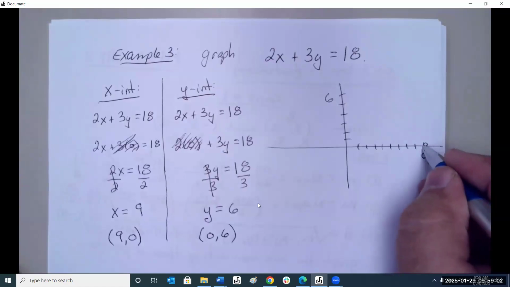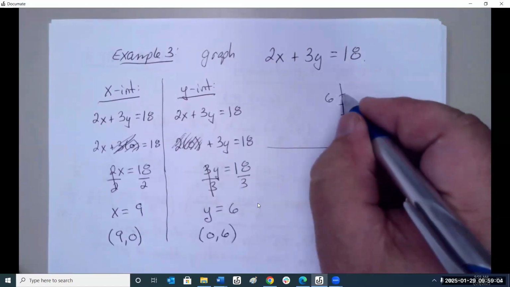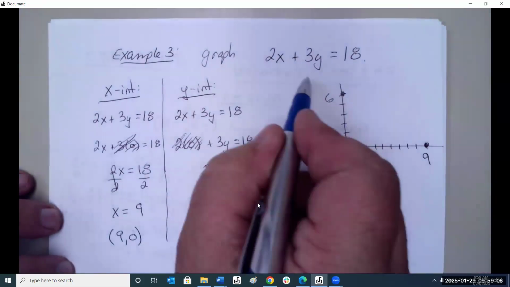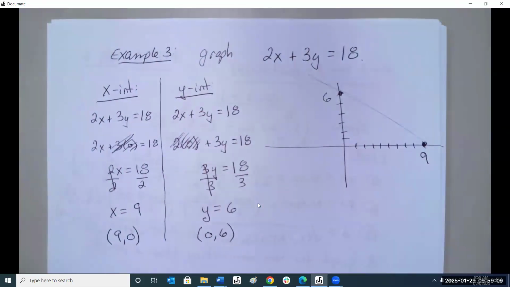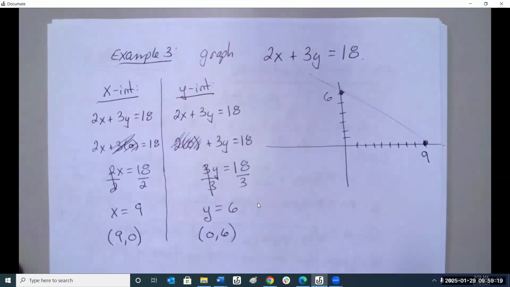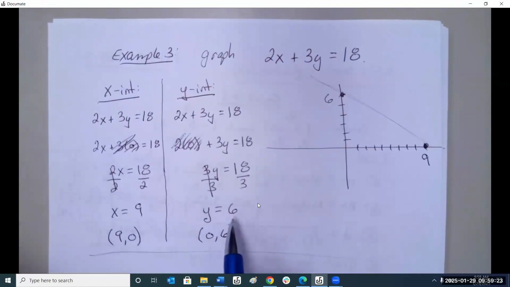Now I plot those 2 points at 9, 0 and 0, 6, connect the dots, and I'm done. There's my graph. Will it always be so easy? No. If it gives you solid numbers, it's great.